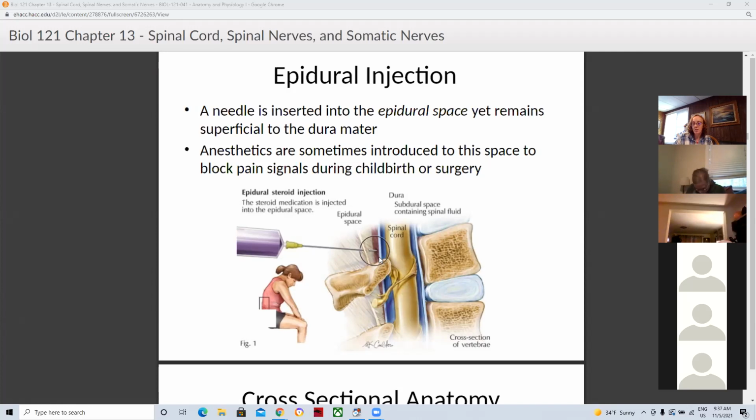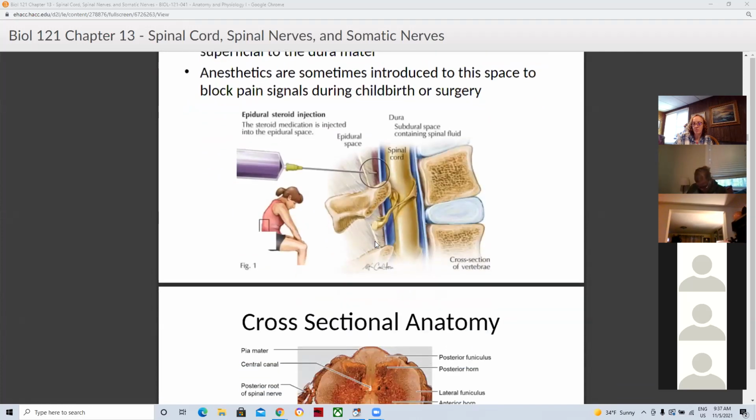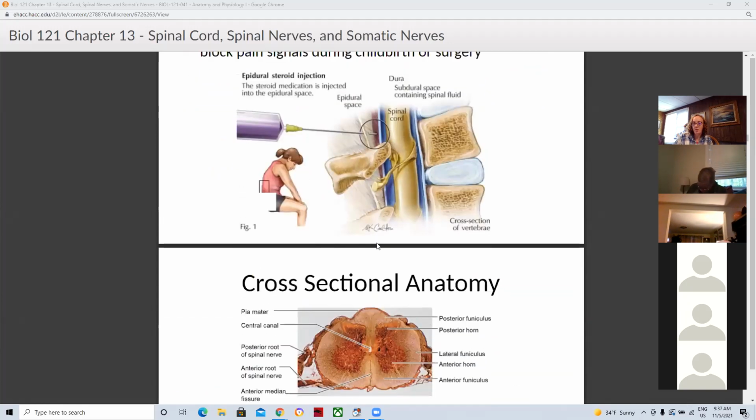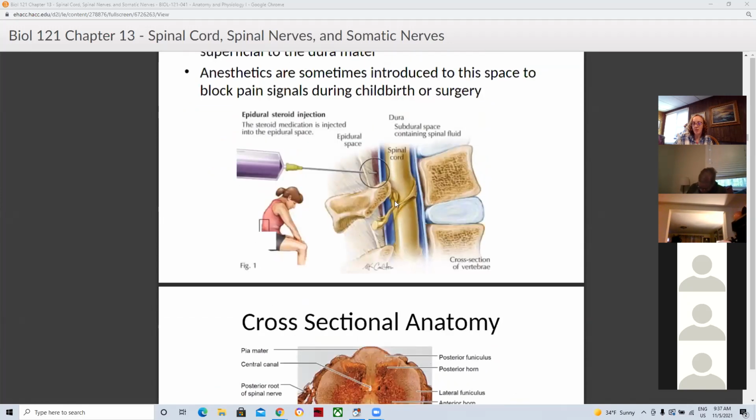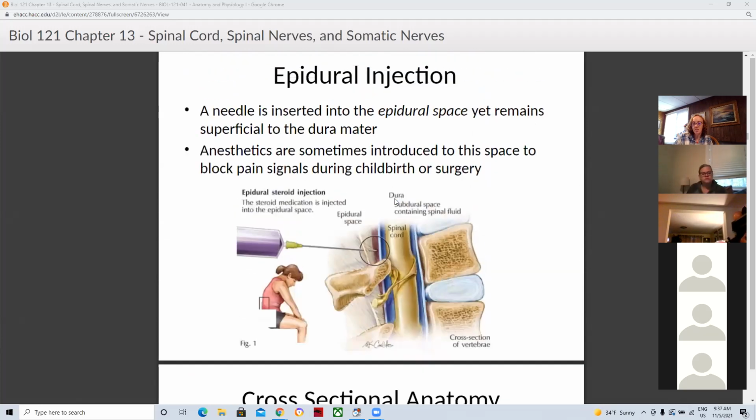Anesthetics can be introduced to this space to block pain signals during childbirth or surgery. Steroid injections in the back are done in this space. Questions?